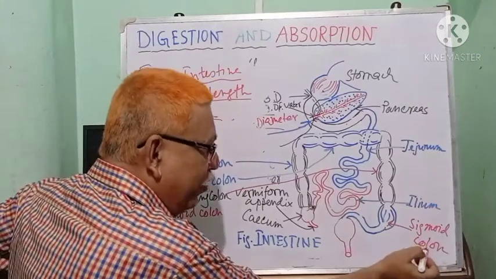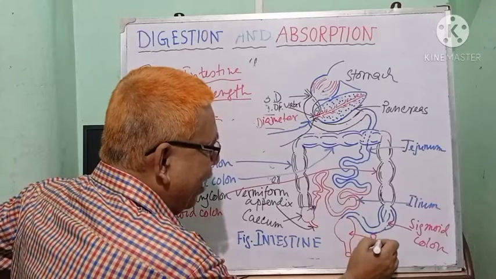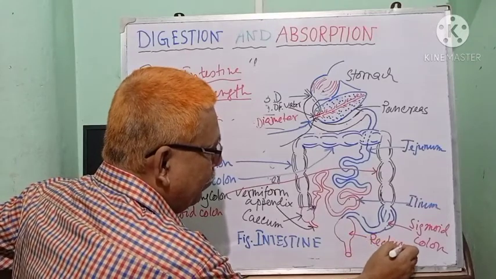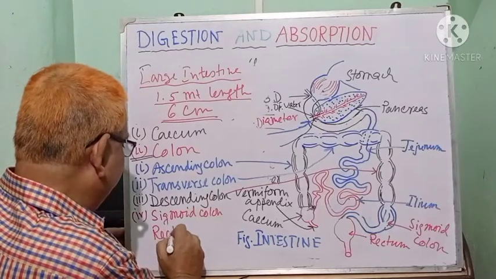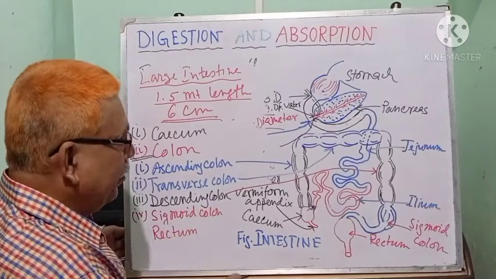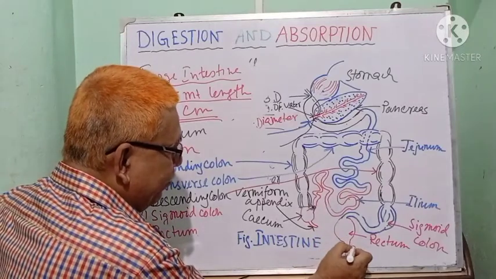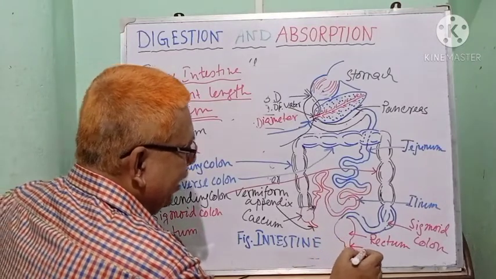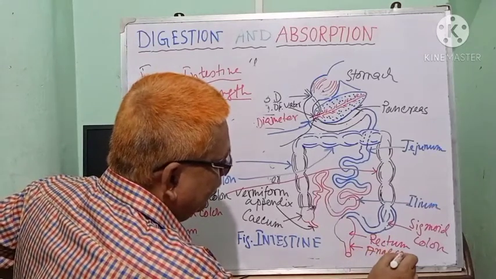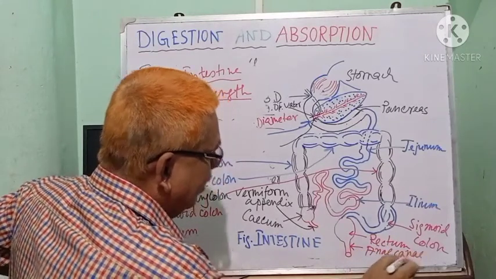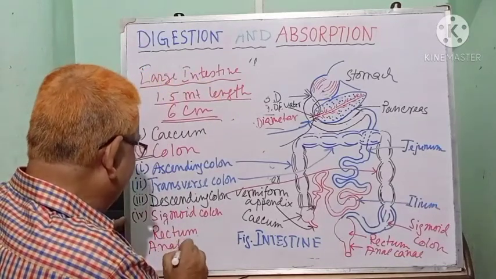Next to the sigmoid colon, this is the rectum. Next part of the rectum is the anal canal.